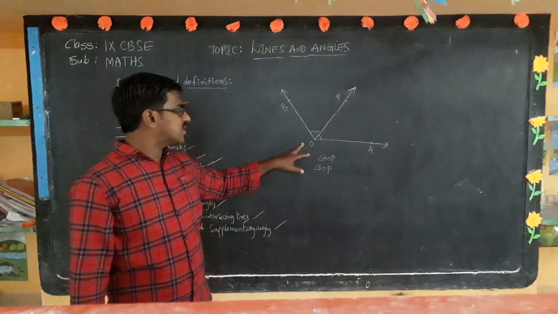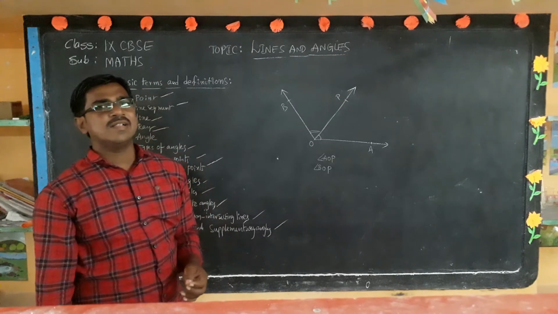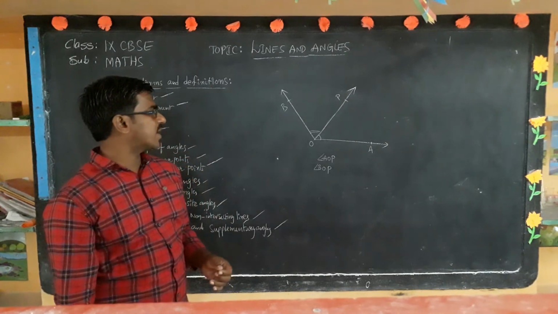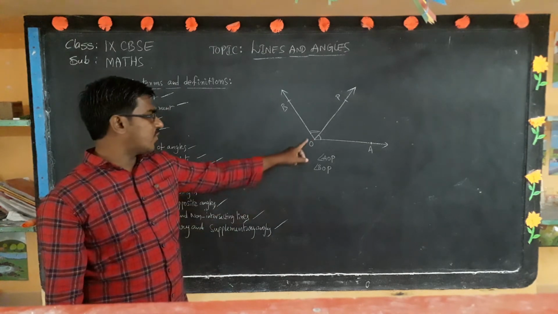The angles have a common ray, and the vertex for both angles is O, a common vertex.